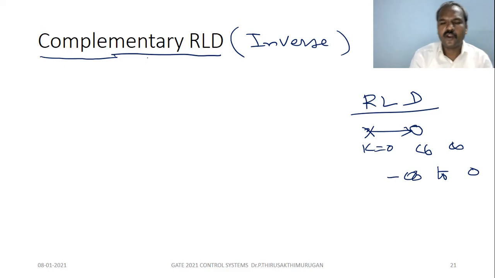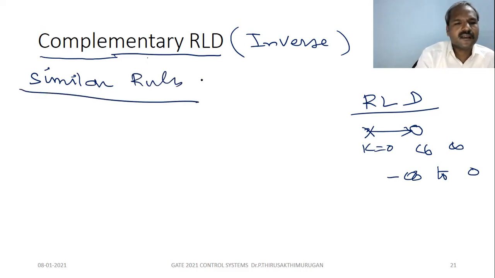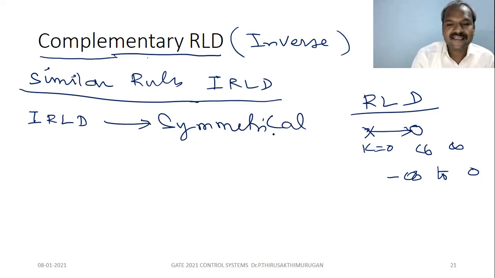So what are the similar rules to construct the inverse RLD, IRLD? The IRLD is also symmetrical about the real axis.